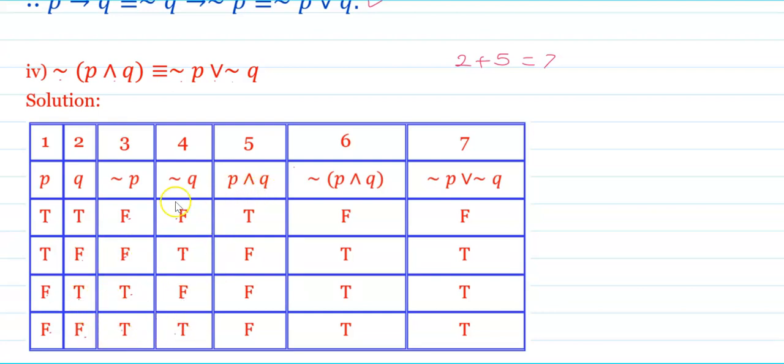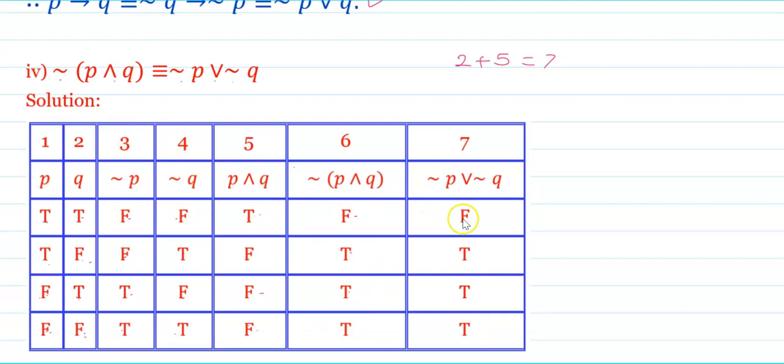Next, find out the AND between first and second column. T and T is T, T and F is F, F and T is F, F and F is F. Okay. Now the negation of column number 5. Negation of T is F, negation of F is T, negation of F is T, negation of F is T. And the next, OR between column number 3 and 4.